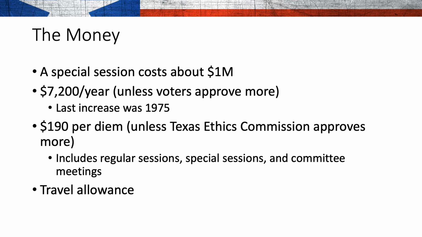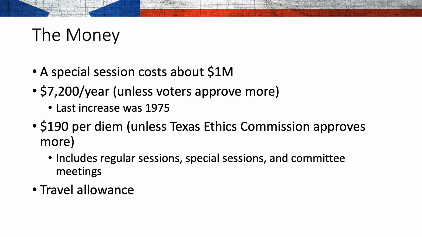So what is the money involved in the legislative branch? So a special session, when you see that the governor calls a special session to deal with something, a special session costs about $1 million. And that's expensive, and you have to figure out a way to pay for that.